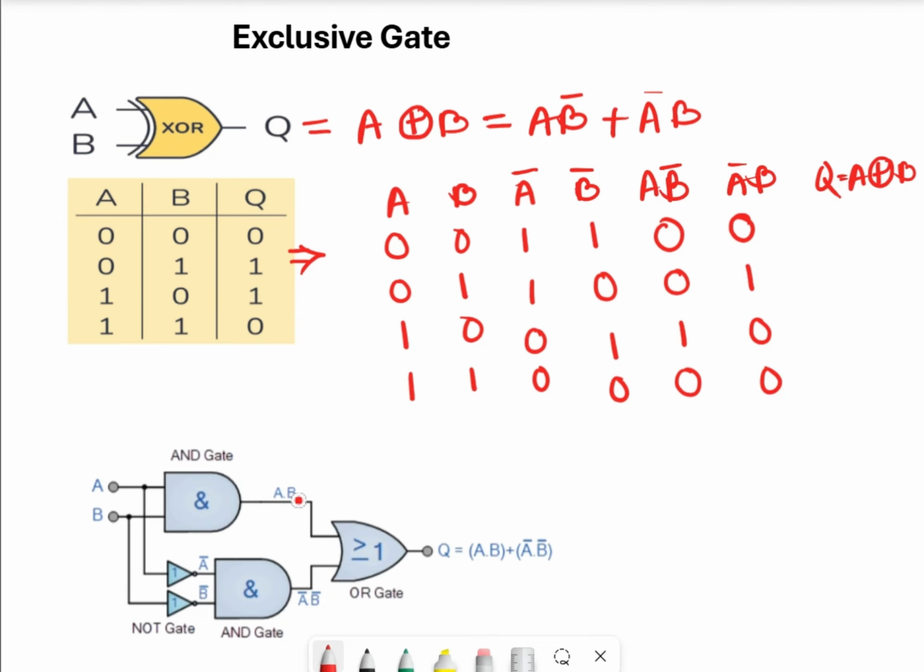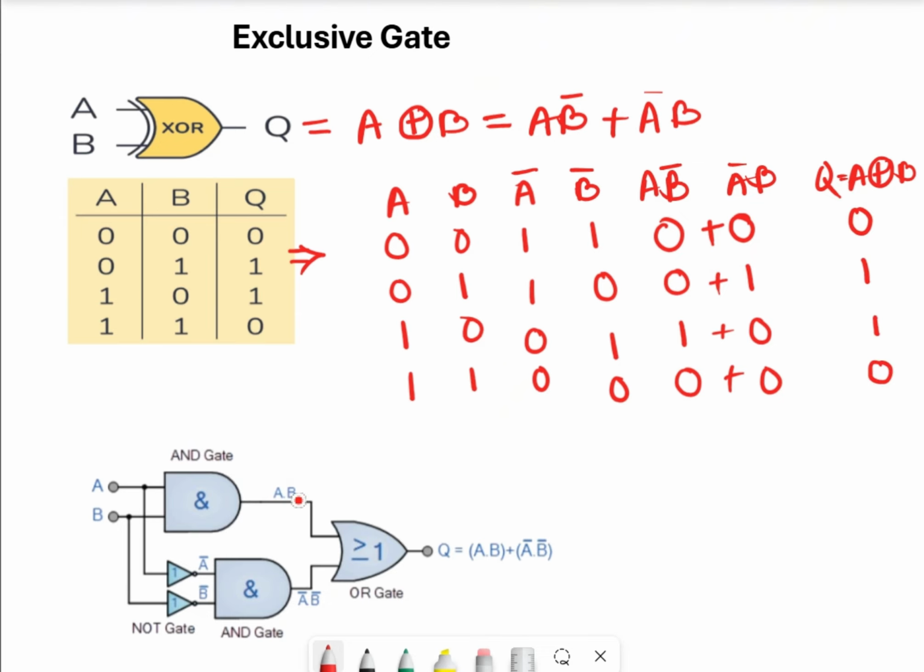Now it's time to sum up these two values. So this is actually the Boolean algebra formula that has been used here to formulate 0 0 0 0 1 1, 1 0 1 and 0 0 0.